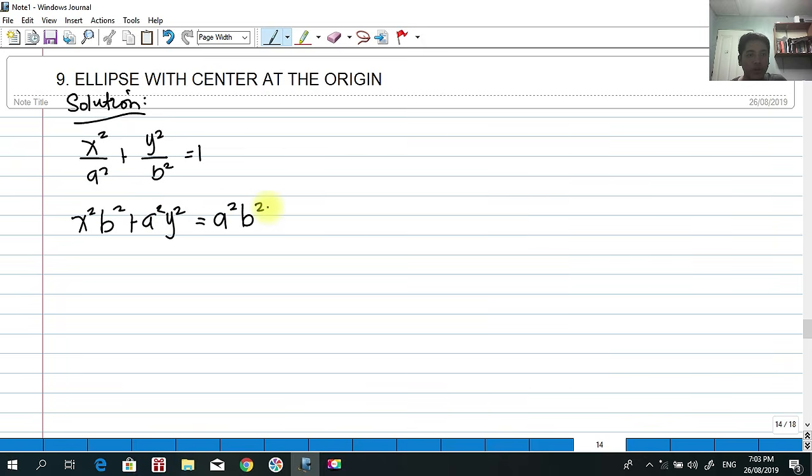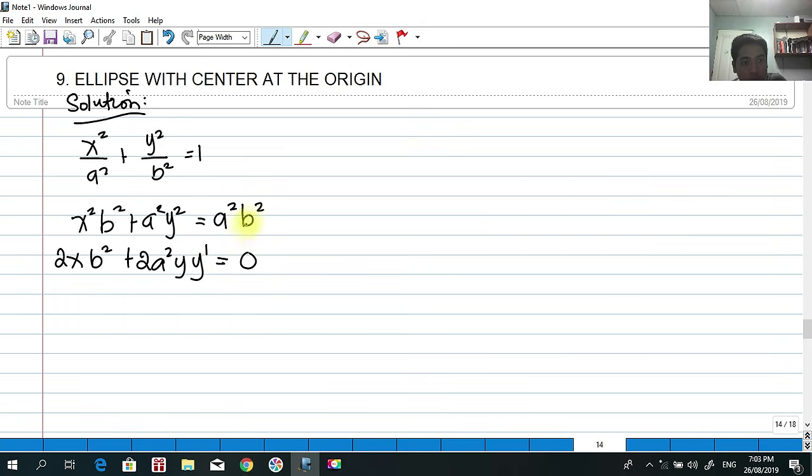Okay? So if we get the first derivative with respect to x and y, we have 2x b squared plus 2a squared y y prime. With respect to y, we have 2y, copy the constant, and we have dy over dx, which is the y prime.